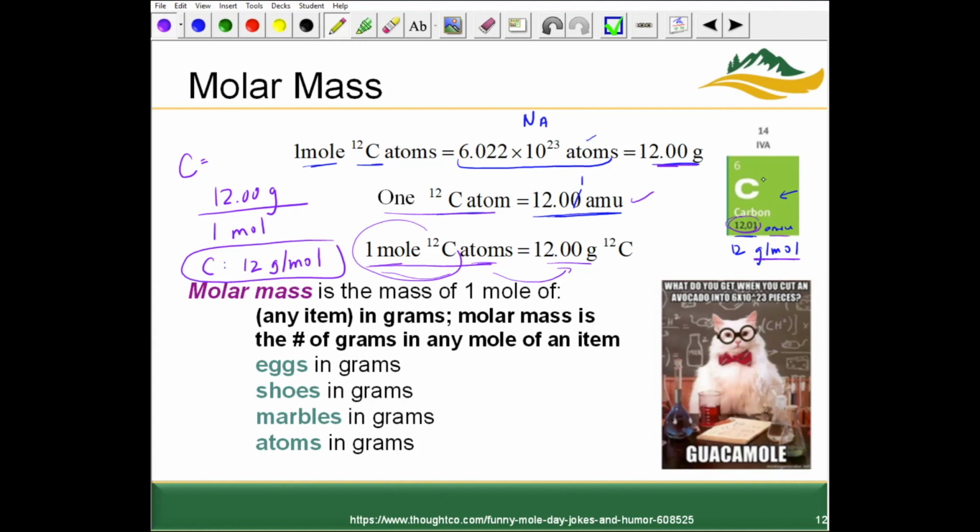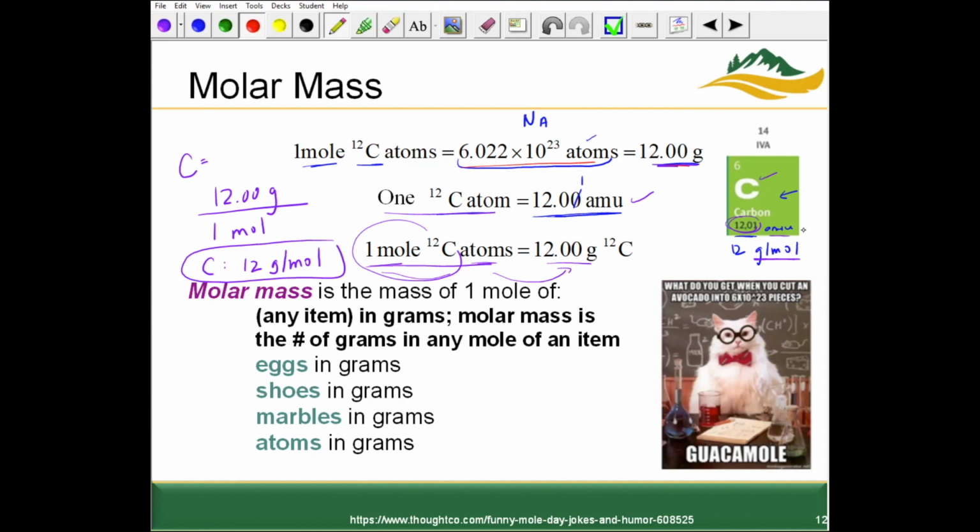If this is all based on carbon, then what about all the other elements, you may be wondering? Well, this initial determination of 1 mole of carbon-12 atoms, 12 grams of that being Avogadro's number, is the baseline for all the other elements.